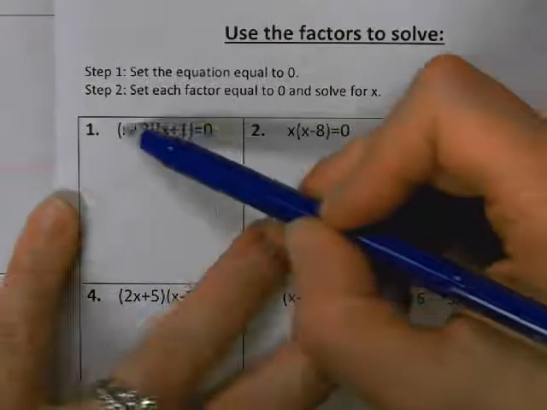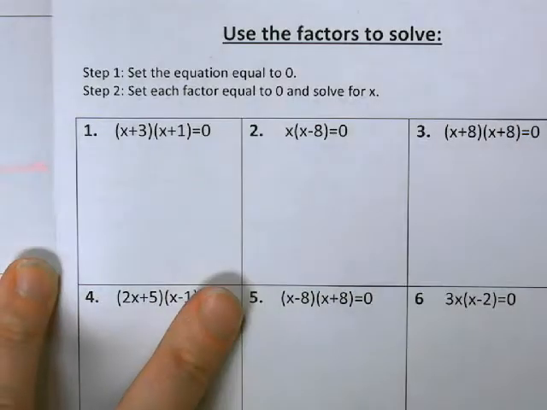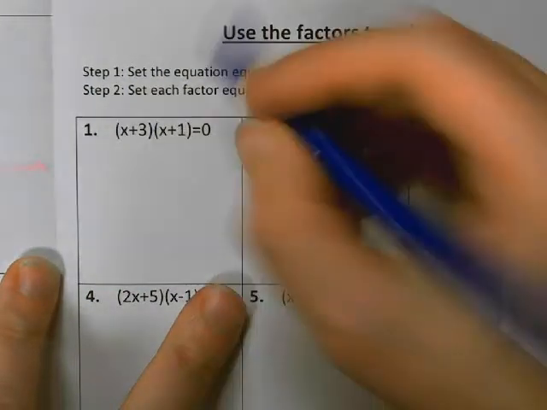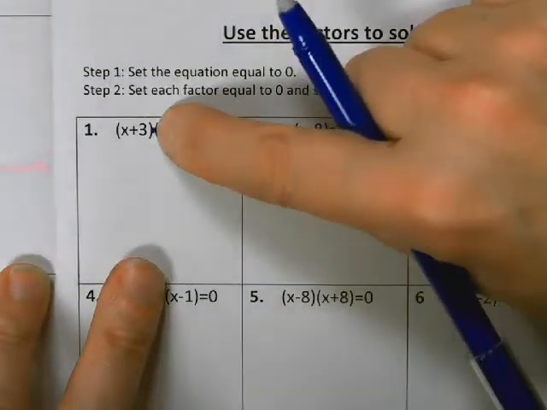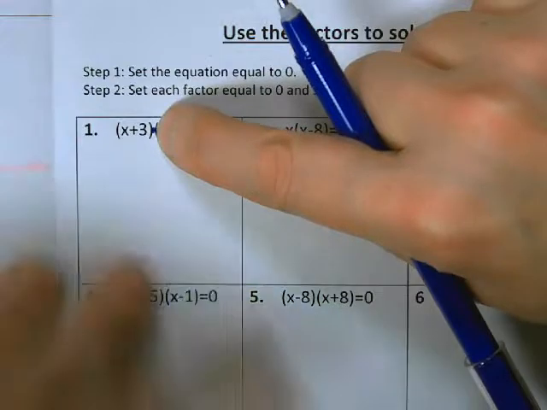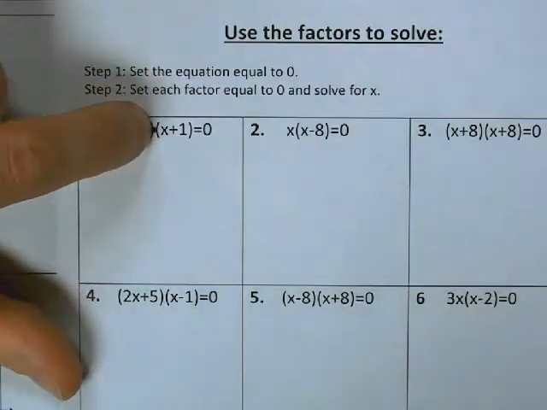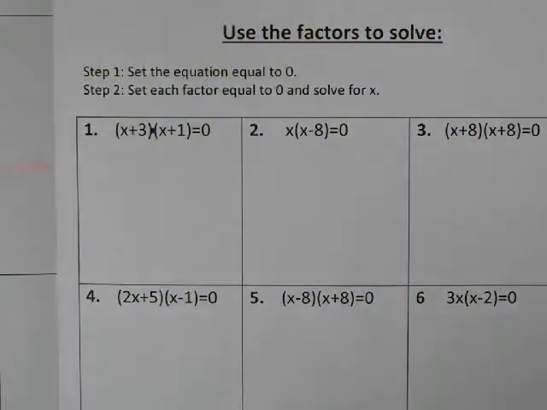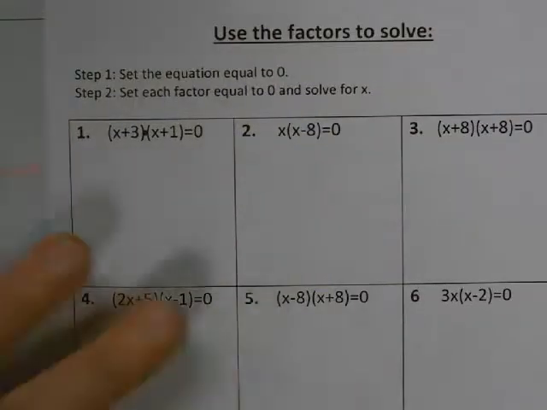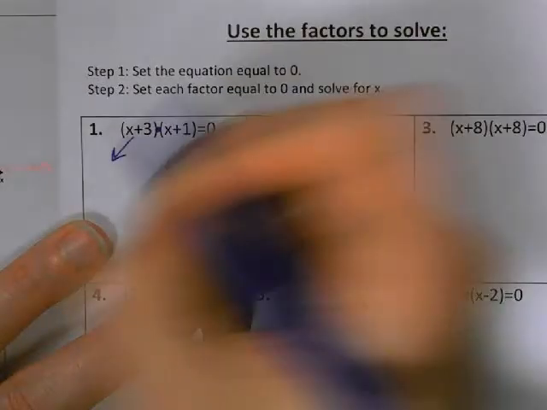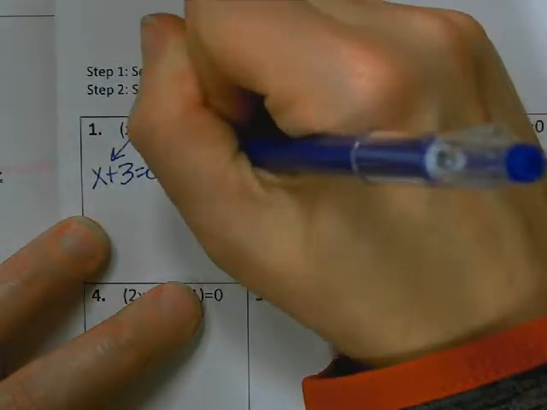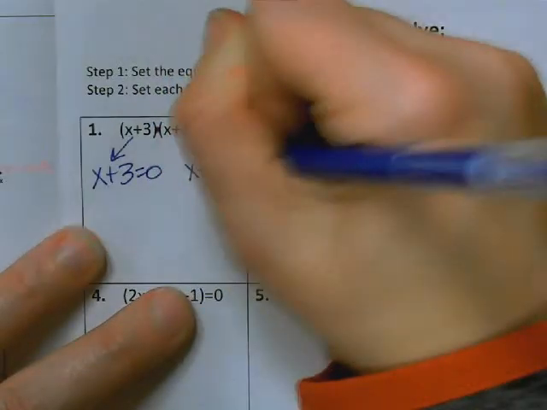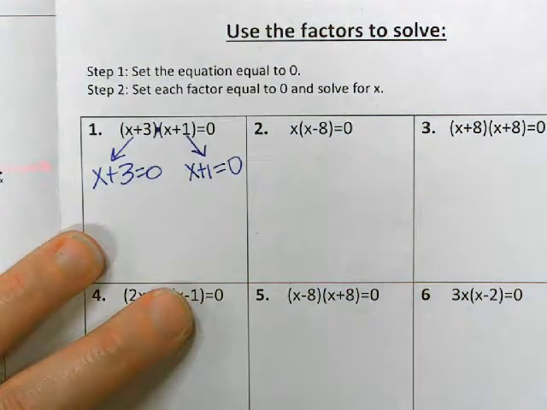Okay? So if you look over here, it says parentheses x plus 3 and parentheses x plus 1. The operation in between the two of them is multiplication. So what that means is x plus 3 has to be 0, or x plus 1 has to be 0, or both of them have to be 0. So what we're going to do is solve this by saying x plus 3 equals 0, and over here x plus 1 equals 0, and we're going to get two solutions.